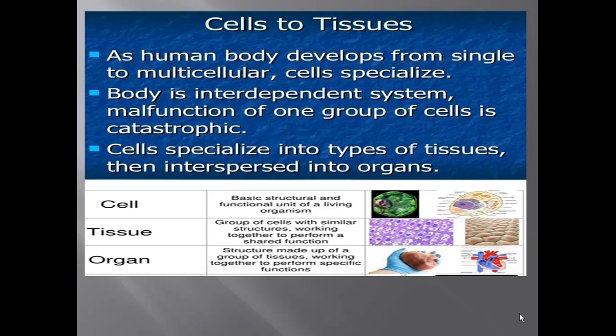Because the cell is the basic structural and functional unit of the living organism. If I have a group of similar cells working together to perform a shared function, we call this group of cells a tissue. Then a structure made of a group of tissues is an organ.